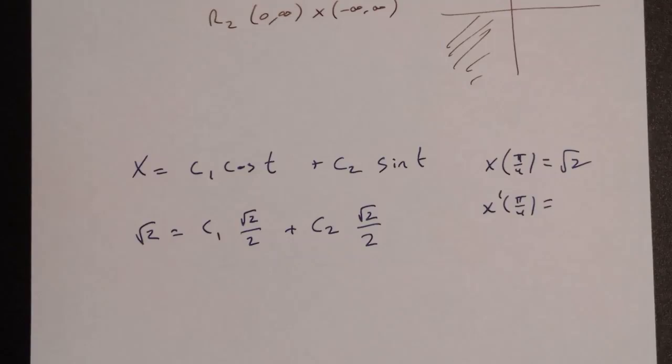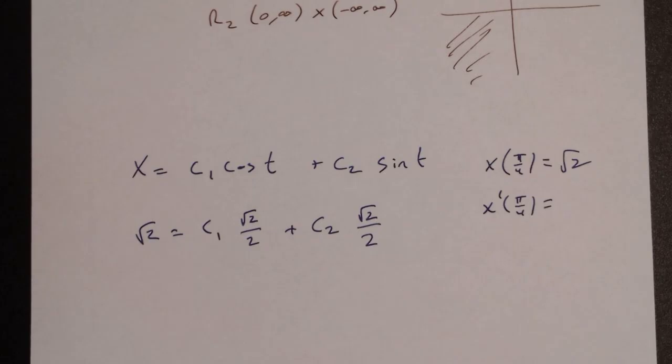I'm going to believe them. Now, I could check if you wanted to, like we did with Jalen's problem, but I'm going to believe them. They told me the second derivative is equal to the negative of the original function.